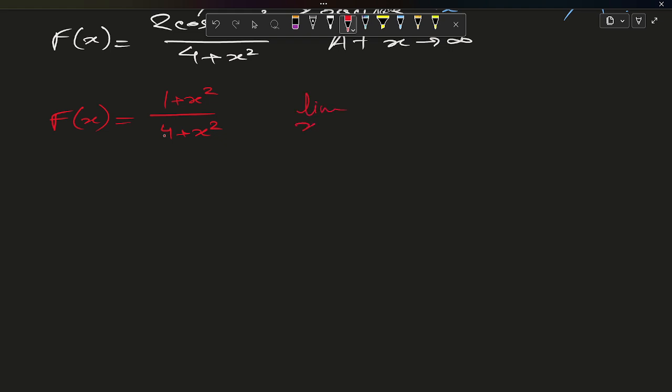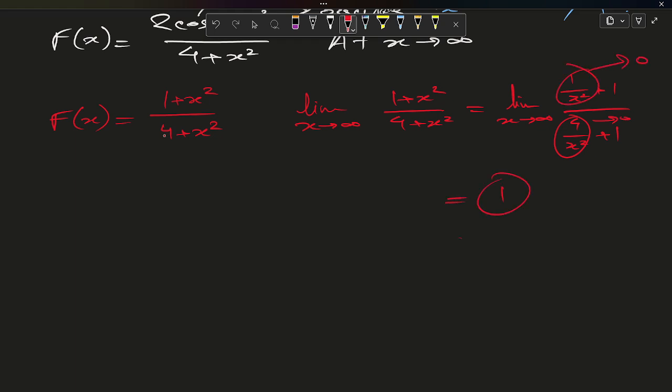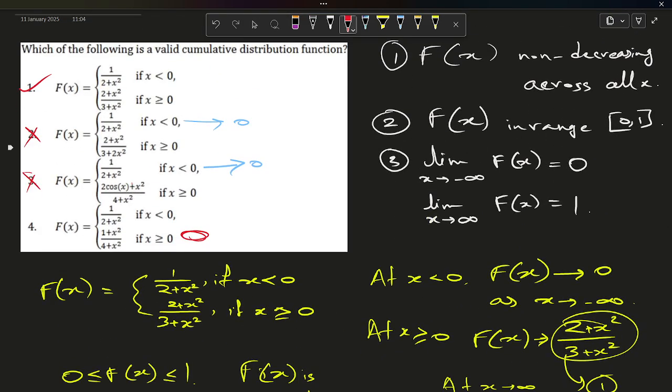Then limit x tends to infinity, 1 plus x square by 4 plus x square becomes limit x tends to infinity, 1 by x square plus 1 by 4 by x square plus 1. That will go to 0 and that will go to 0, so we will get 1, and our function belongs between 0 and 1, closed. It is non-decreasing, and the first part will also be non-decreasing. So option 4 is a correct option of this question.